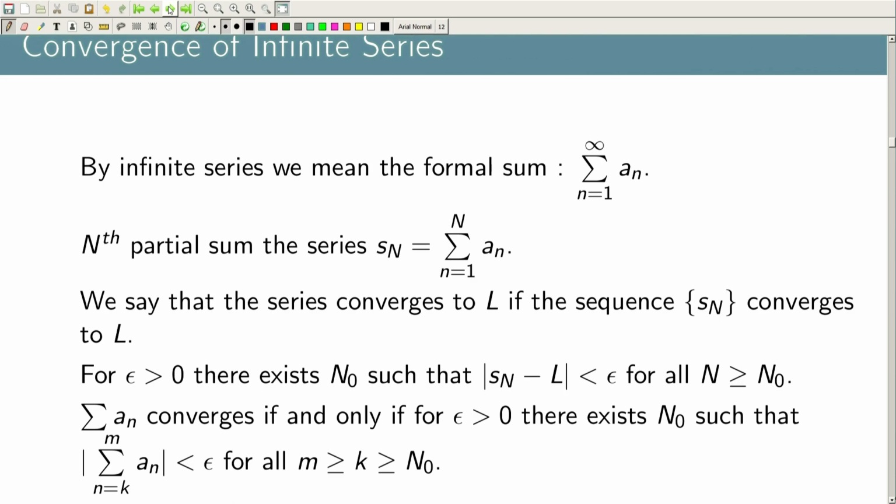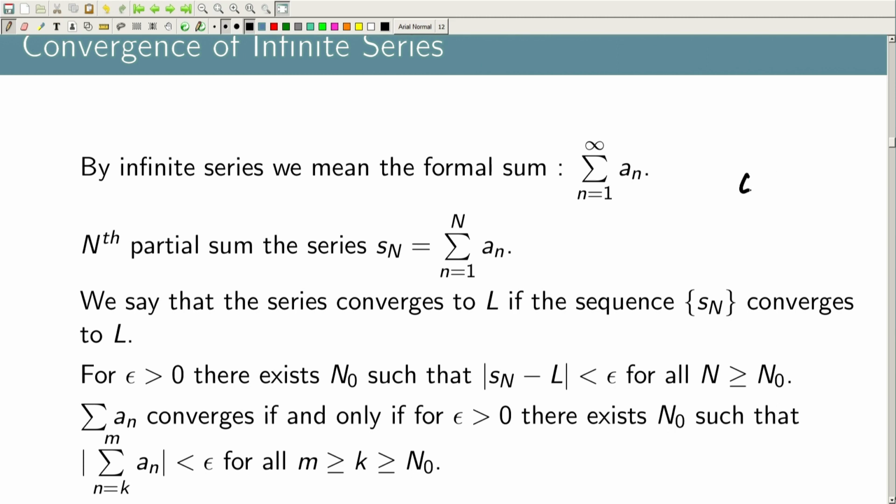Now, to write that formally, the series a_n converges if and only if for every epsilon greater than 0, there exists an n_0 such that the tail of the series, the sum from n equal to k to m of a_n, is less than epsilon for all m greater or equal to k greater or equal to n_0.